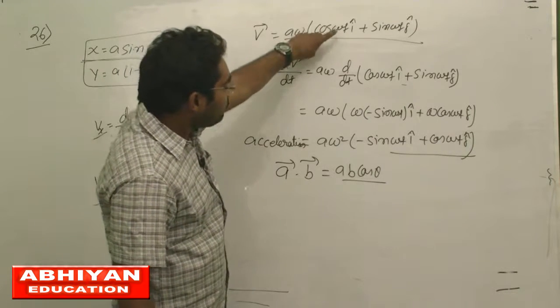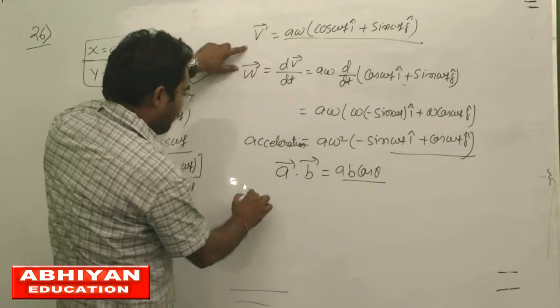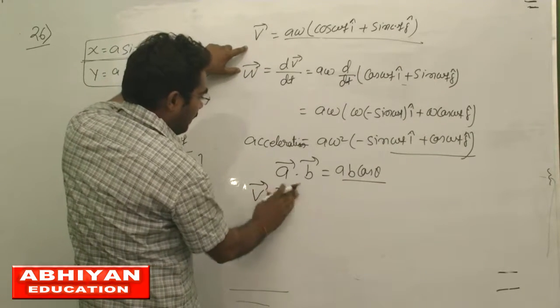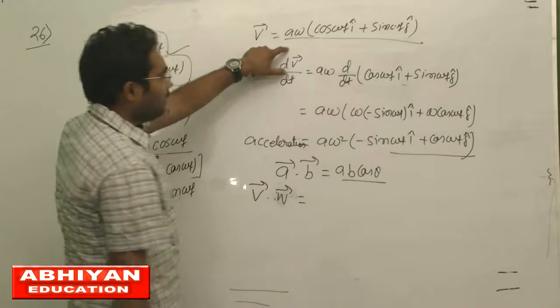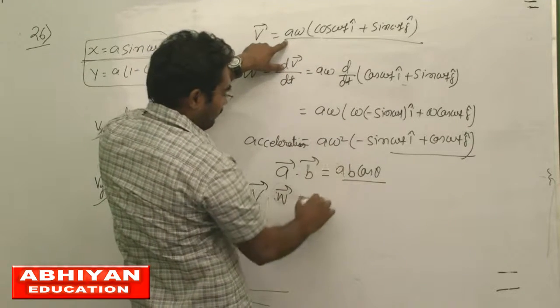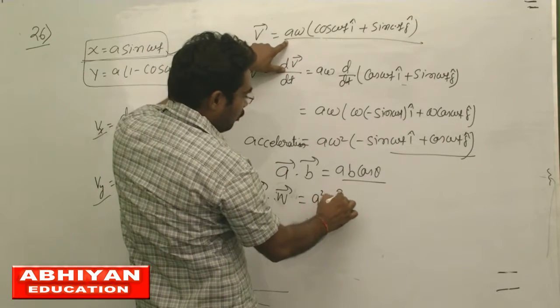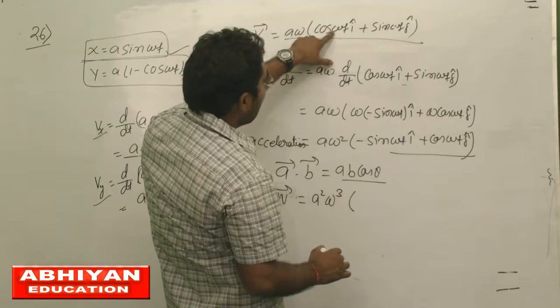Here i dot i is 1 and j dot j is 1. The dot product is a omega times a omega square, that is a squared omega cube, into cos omega t i plus sin omega t j dotted with minus sin omega t i plus cos omega t j.